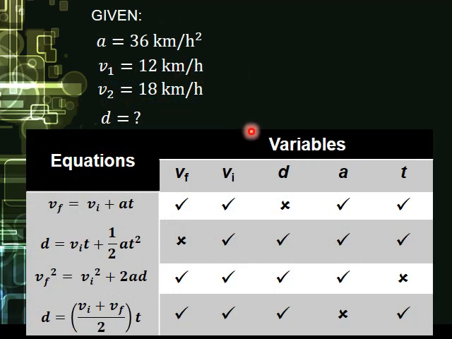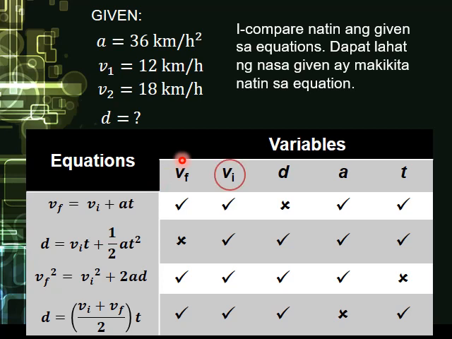Based sa given na to, hanapin natin kung nasan yung mga same variables within the problem. First, let's look for Vi. Dito natin makikita, lahat ng equations meron Vi. Next, Vf.